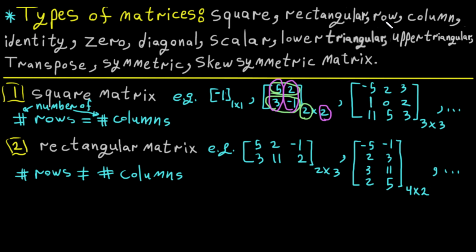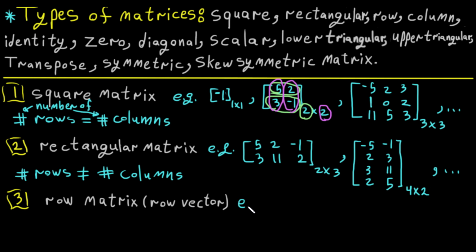The third one is the row matrix. Row matrix or row vector, and from the name row vector, it means only one row. An example of this one is very easy, which is like this: 1, -1, 2.